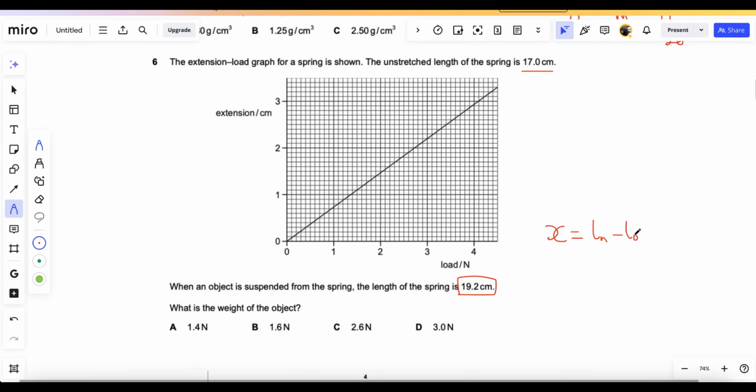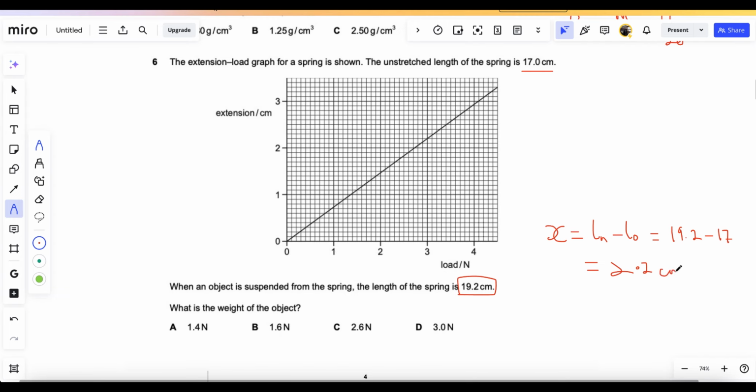So this is 19.2 minus 17. Yes, minus 17. So you get 2.2. So our extension is 2.2 centimeter.